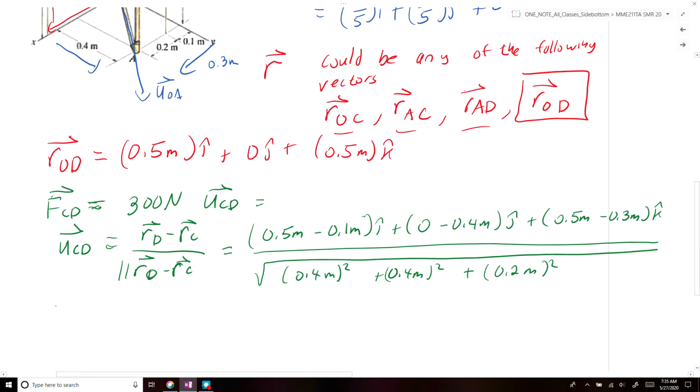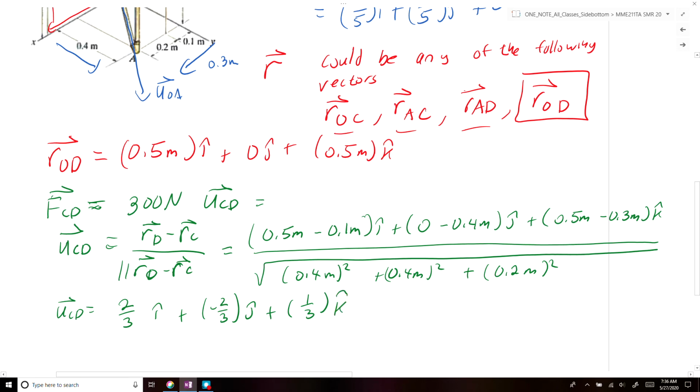So U_CD would be equal to 2/3 i plus negative 2/3 j plus 1/3 k.